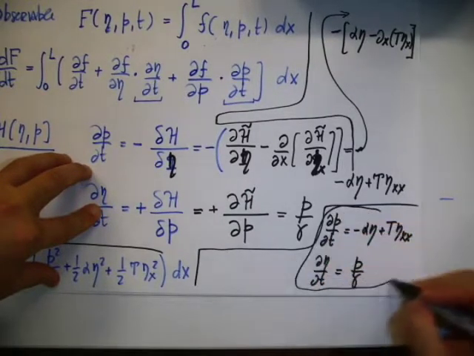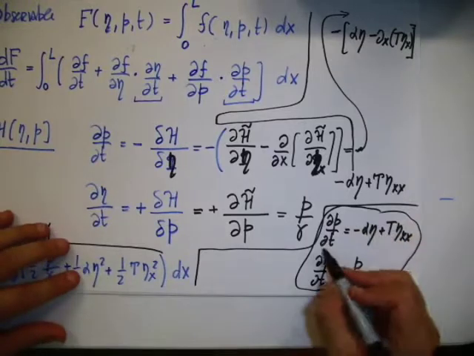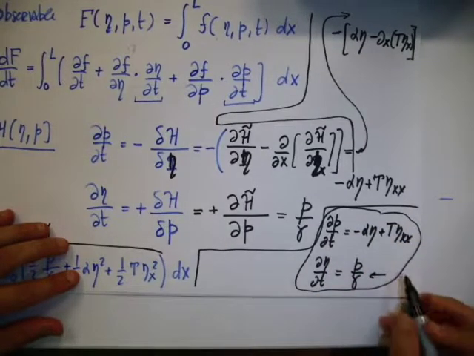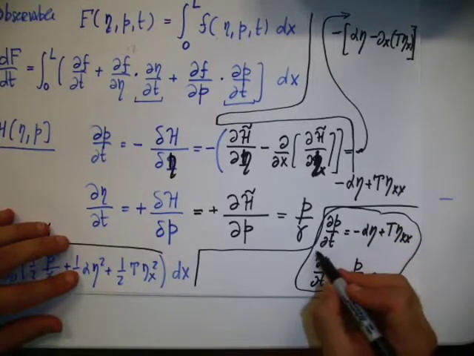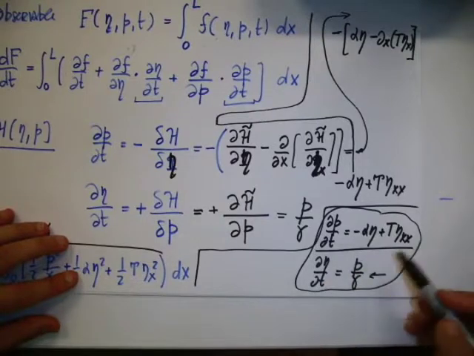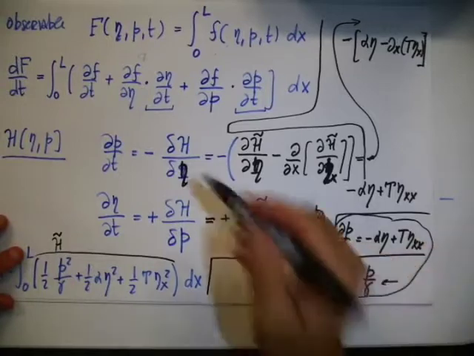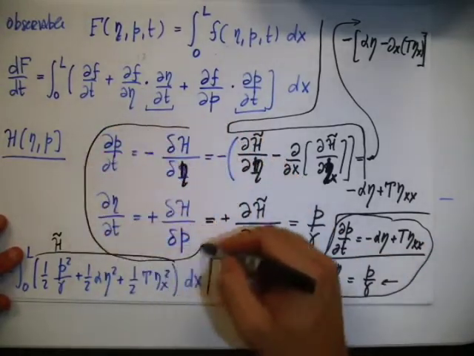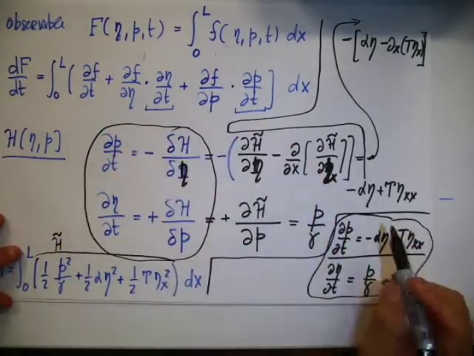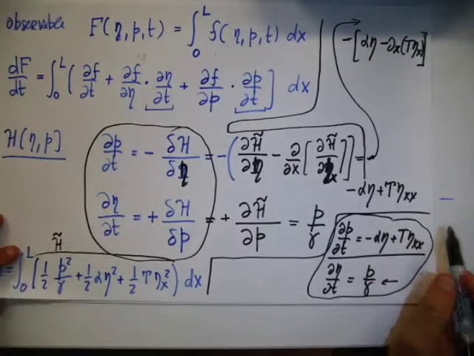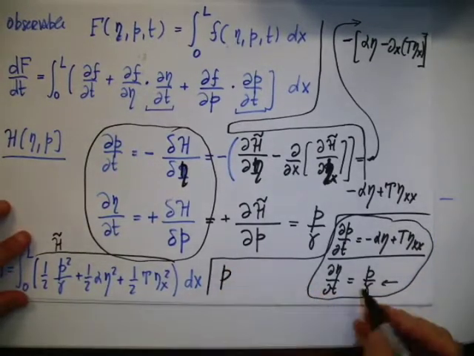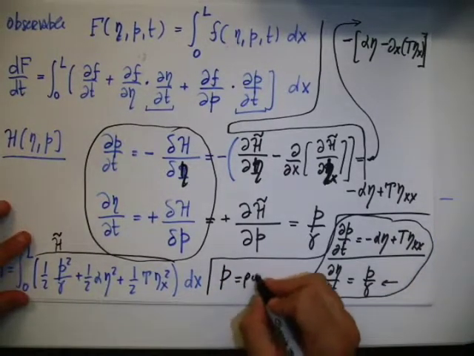It is pretty easy to see that this is basically the definition of the momentum, and this is the original equation that we derived, the wave elastic equation. So this is the Hamiltonian formulation of our original equation, because remember that p was exactly given by rho g eta dot.